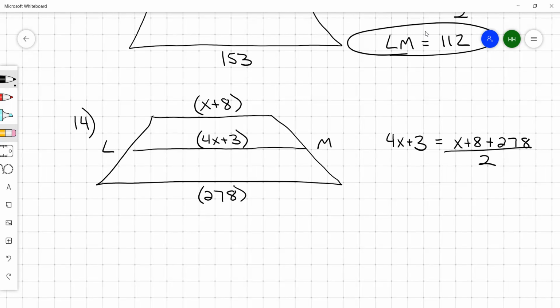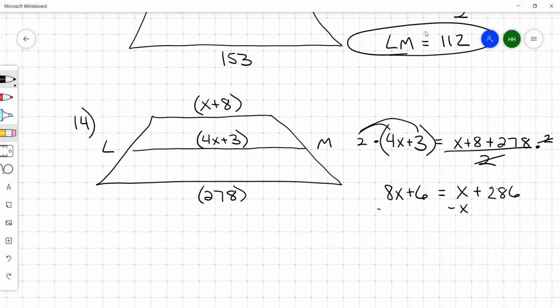If you multiply both sides by 2, be careful on this left side. This is a distributive property problem. 2 times 4x is 8x, and 2 times 3 is positive 6. That's equal to, the 2's on the right cancel, x plus 278 plus 8, that's 286.